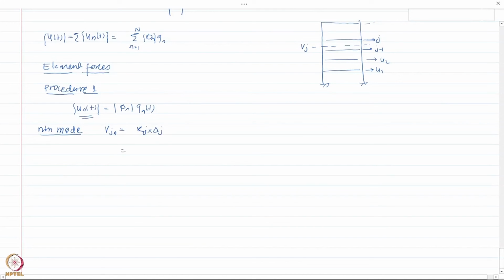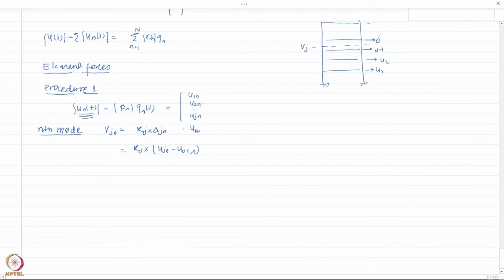For the nth mode, it would be kj times u jn minus u j minus 1 n. We already know these, because u n t is u 1n, u 2n, and so on, u jn.